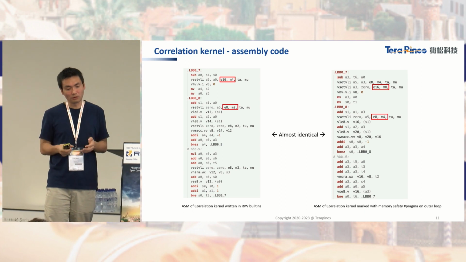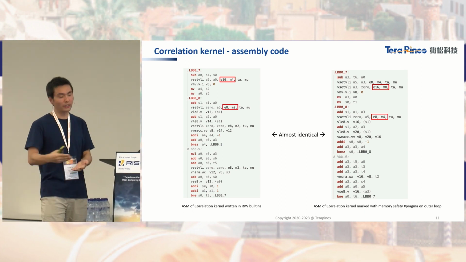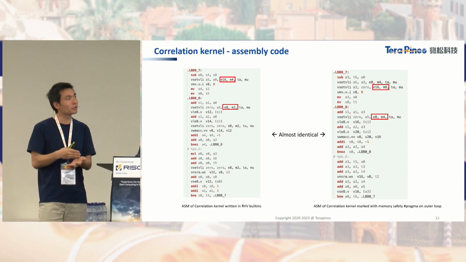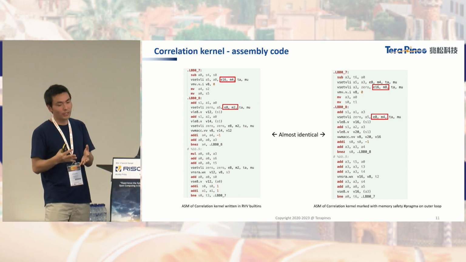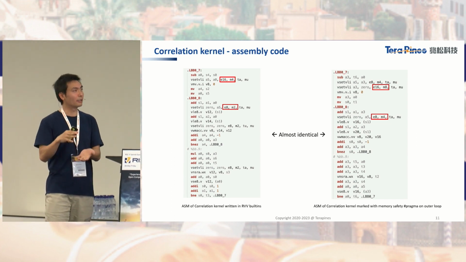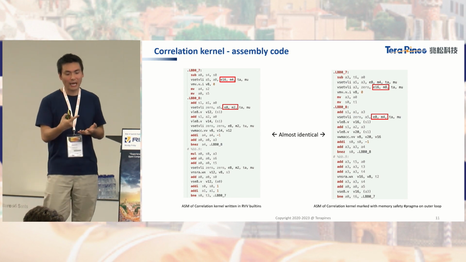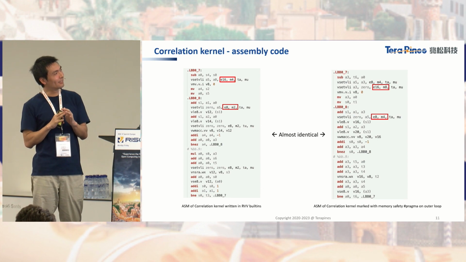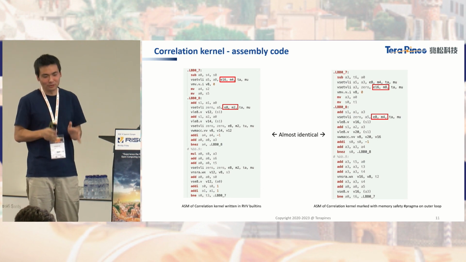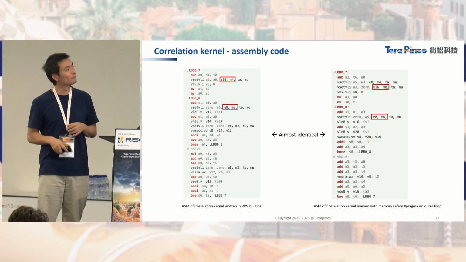And even more, for the register grouping, because we have a very good cost model to calculate the register pressure while doing the auto-vectorization, we can have a larger register group than the handwritten one.